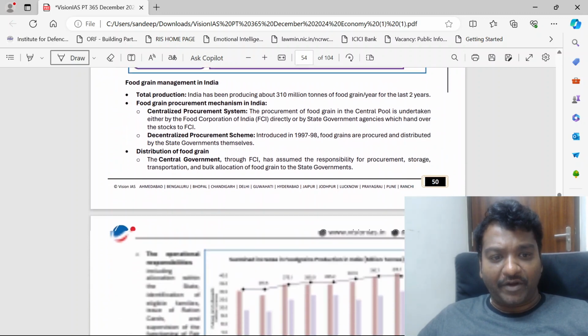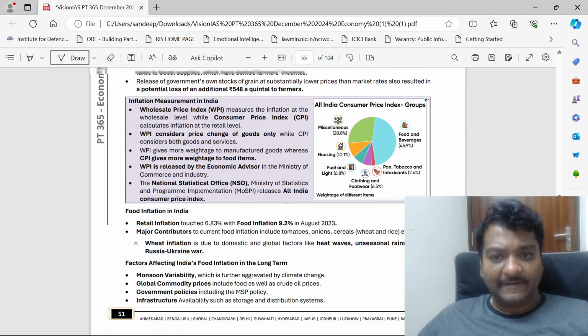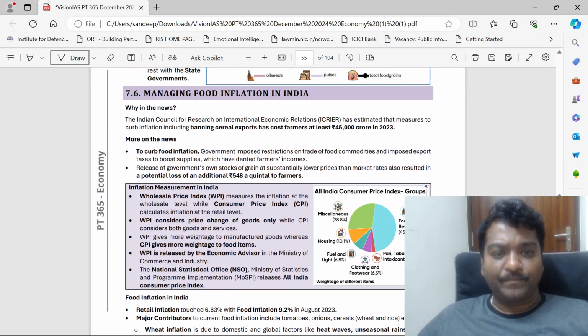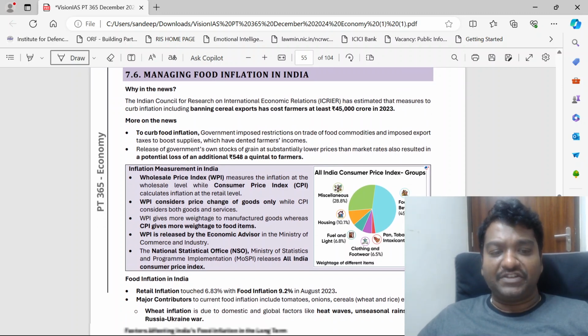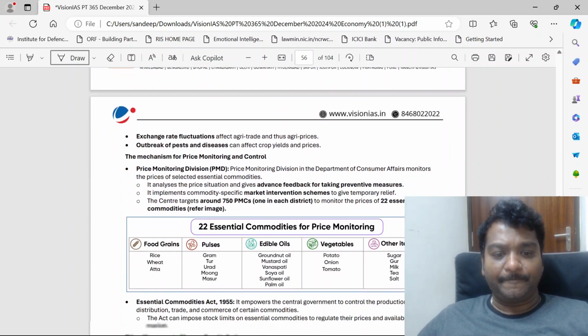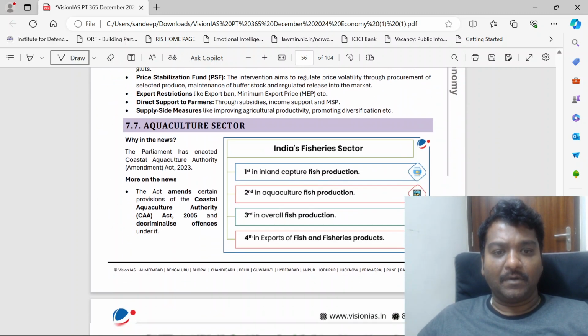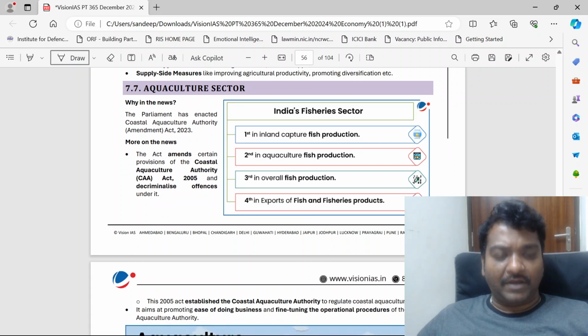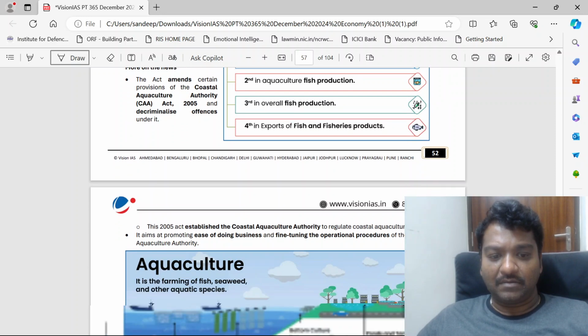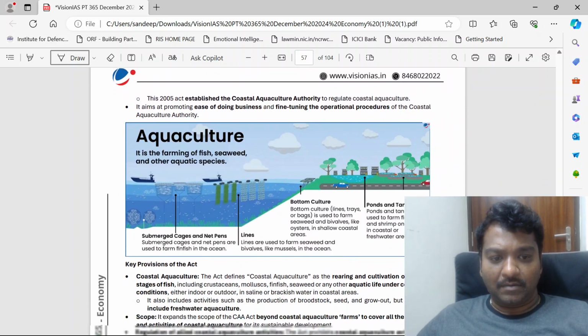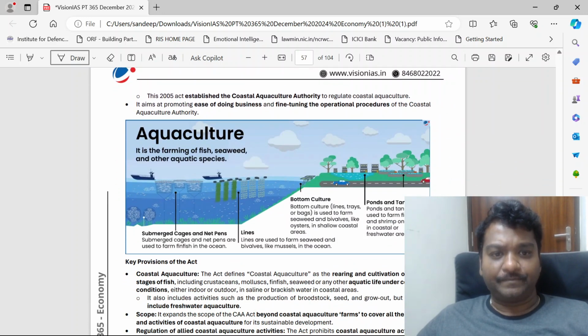This is all not required, guys. Managing food inflation in India, not required. Okay. Coastal Aquaculture Authority was launched. Okay.